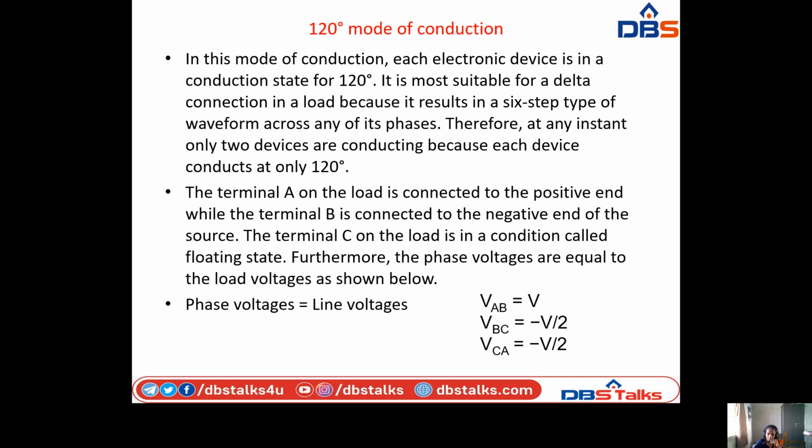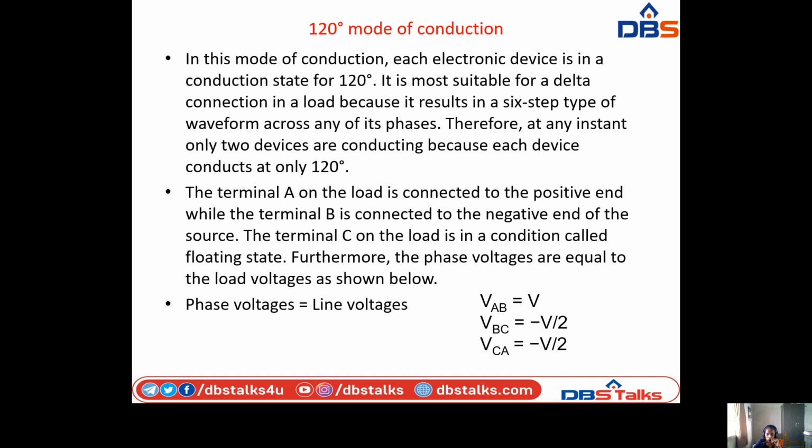Okay. So here terminal A on the load is connected to the positive end while terminal B is connected to the negative end of the source. The terminal C of the load is in what is called a floating state. Furthermore, the phase voltages are equal to the load voltages, and here the line voltages are VAB, VBC, VCA.